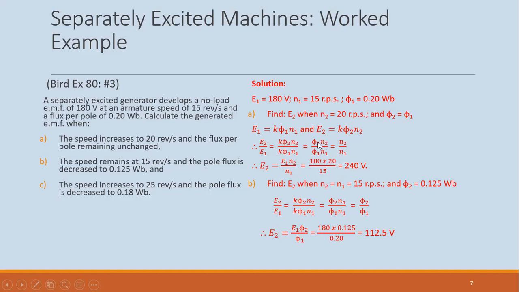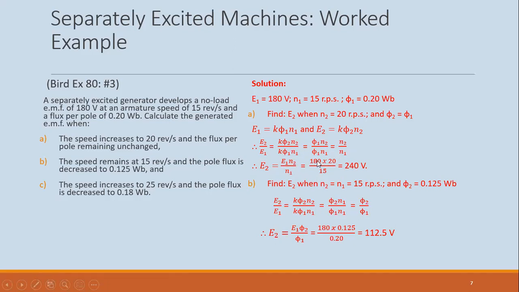Since phi 2 is equal to phi 1, I write phi 1 here: phi 1 N2 over phi 1 N1. The phi's cancel, just like the K's. I'm left with E2 over E1 equal to N2 over N1 for this situation. So E2 is equal to E1 times N2 over N1.